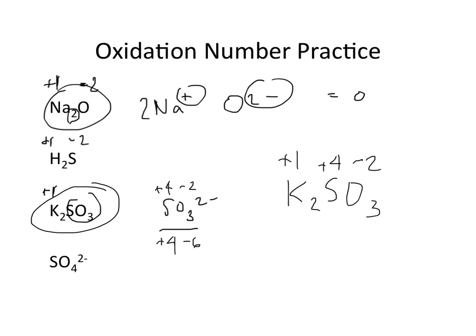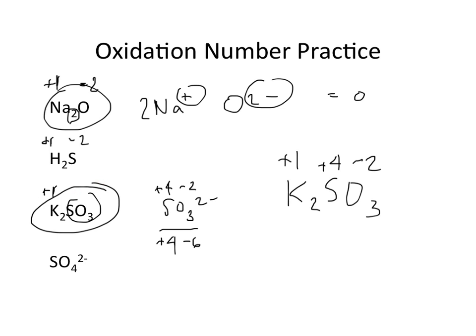And if I look here and I count up all my pieces, I have 2 potassiums with a +1 oxidation number, plus 1 sulfur with a +4 oxidation number. That gives me a total of +6. Oxygen here, there's 3 of them. Each one has a -2. So 3 times -2 gives me -6. +6 plus -6 is going to give me an overall oxidation value of 0, which matches what I see here.